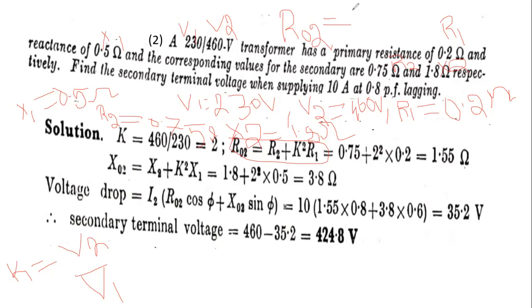Where R1 dash is equal to K square into R1.